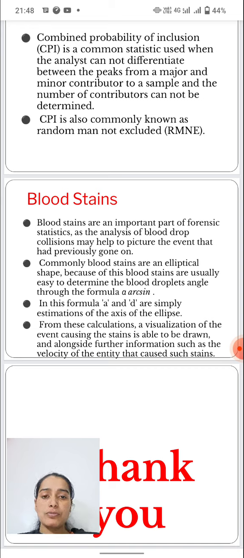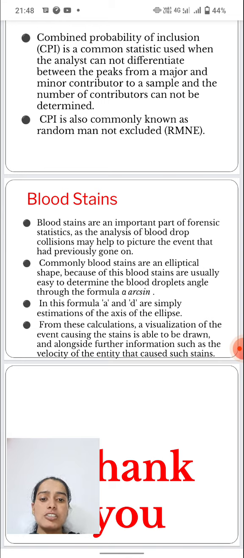Blood stains. Blood stains are an important piece of forensic statistics. The analysis of blood drop conclusions may help to picture the event that had previously gone on. Commonly, stains are elliptical shapes because these blood stains are usually easy to determine the blood droplet's angle through the formula, A Aronczyk, and in this formula, A and D are the simply estimated axes of the ellipse.